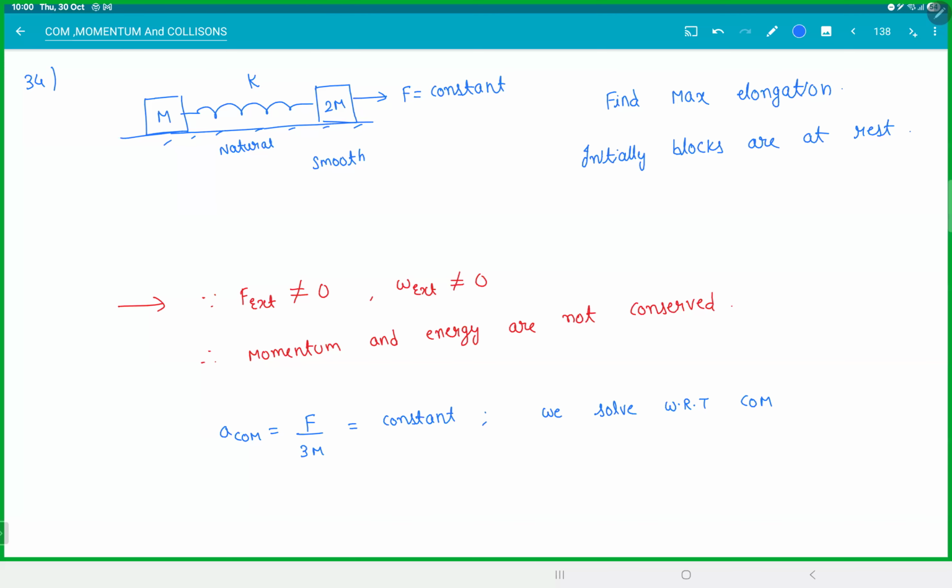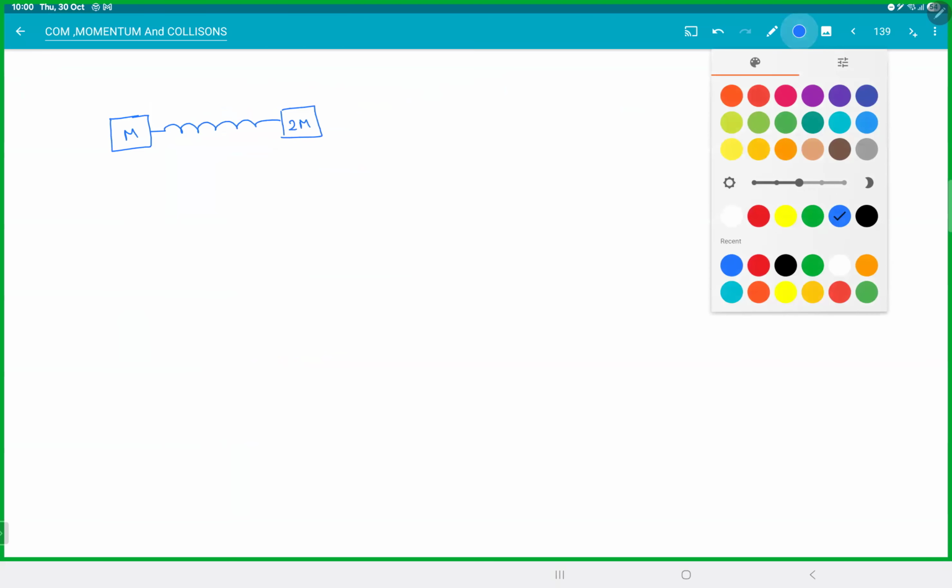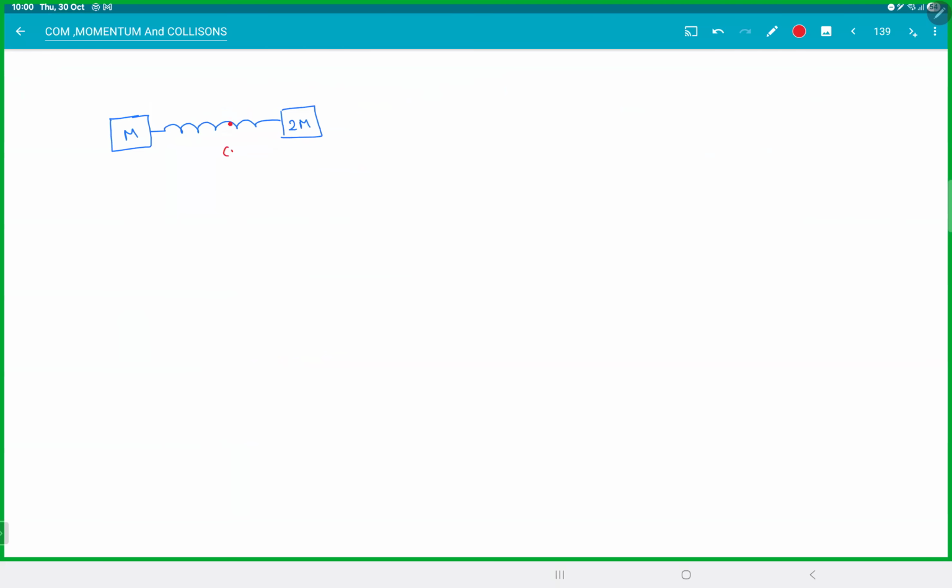So take your observer and put him on the center of mass. How do we solve? Listen carefully. Your center of mass is going with a constant acceleration, a equal to F by 3m.